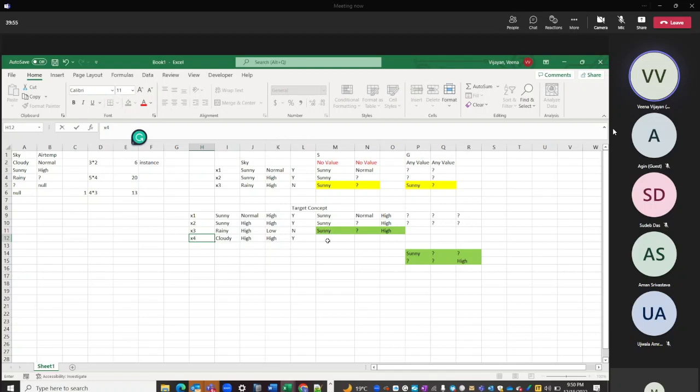So now we have sunny and cloudy. This will become question mark. Question mark, yes. And this will be question mark. This will be high. We will see a similar case in the other one also.